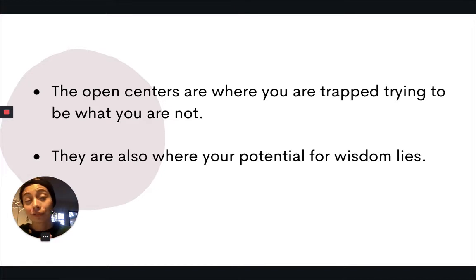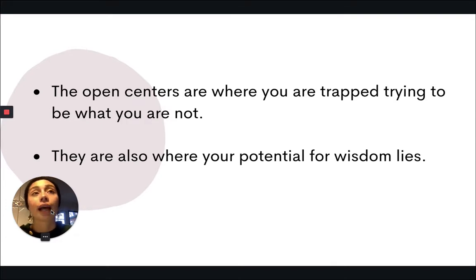And if you're a reflector, you're supposed to not have any centers defined, right? But they are where you get trapped trying to be what you're not. But that being said, the white centers, the places where you're most conditioned, where your conditioning will enter you, the first 7 years of your life, is also where your wisdom, your potential for wisdom lies.